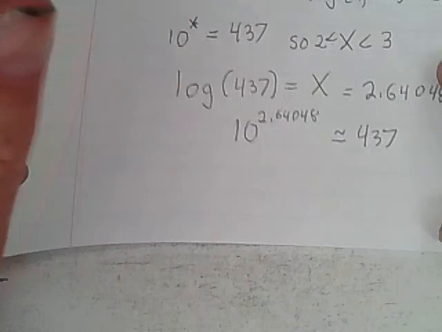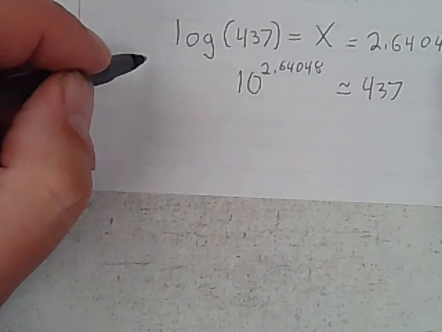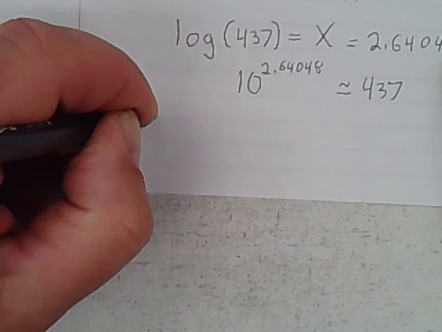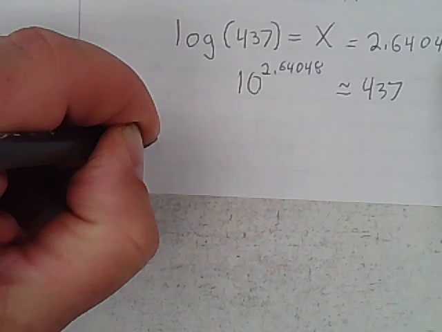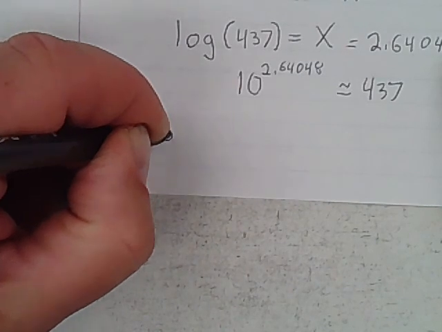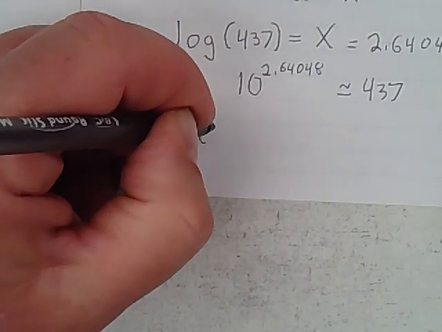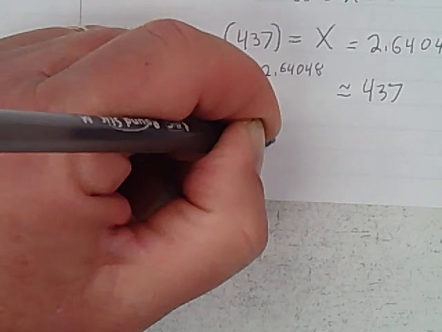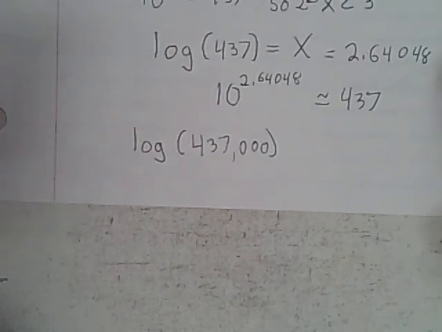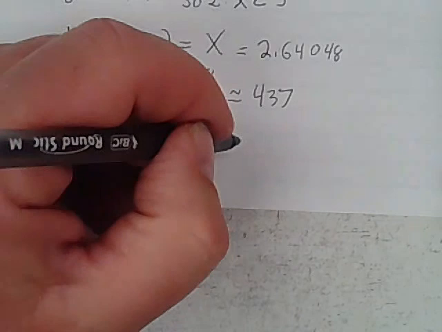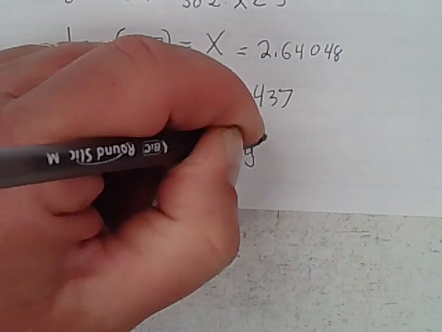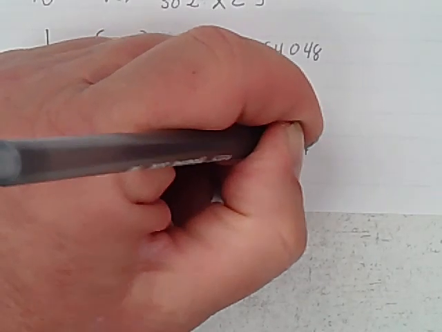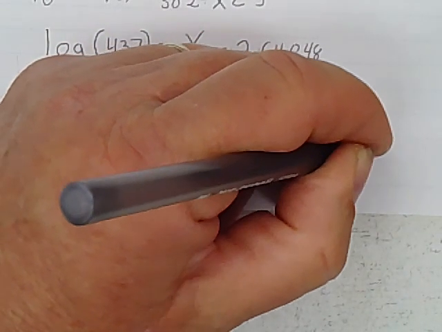There's a little bit more. I think I'll share this one with you. The log of 437,000, oh my goodness, is equal to the log of 437 plus the log of 1,000.